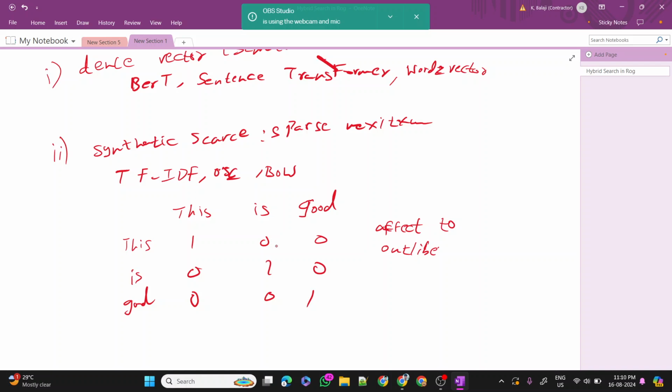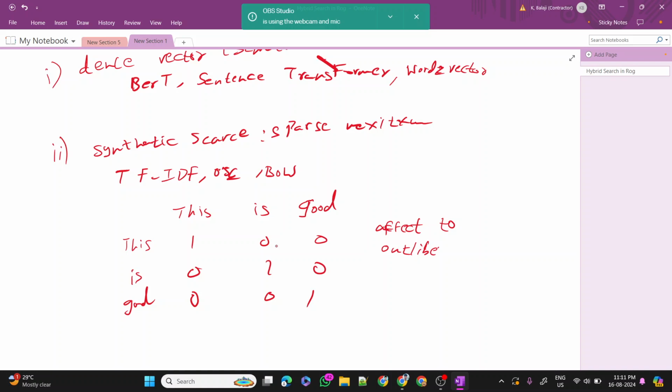And because of outliers, this search will not get the information properly from a vector DB.